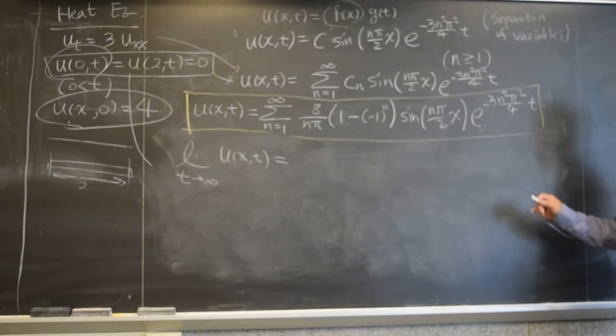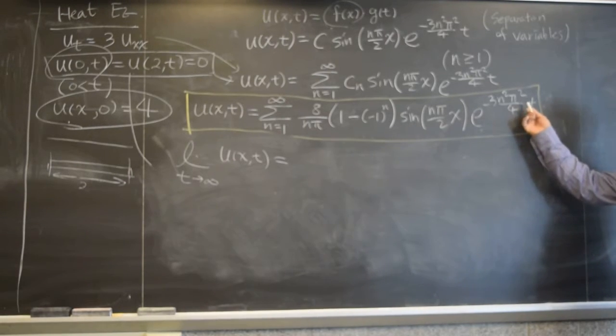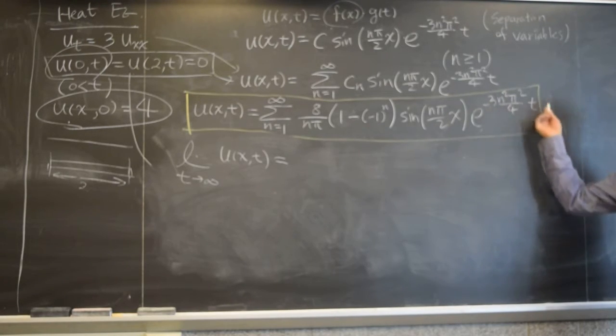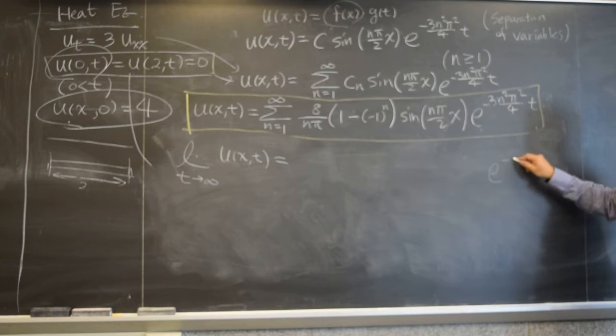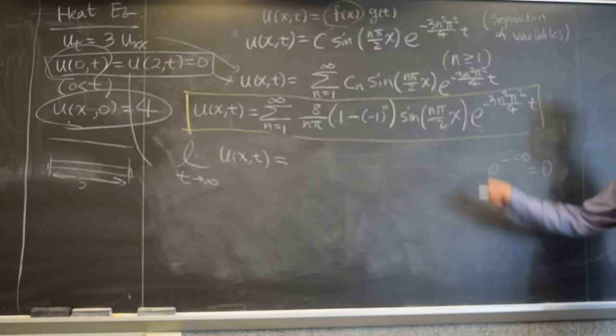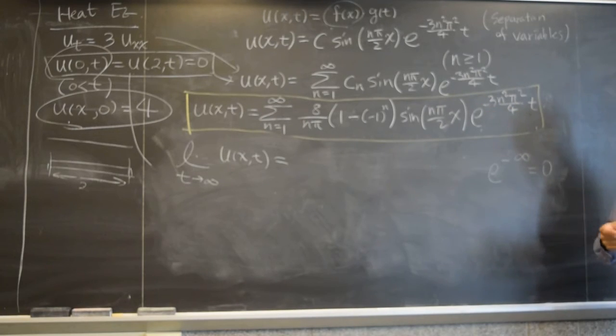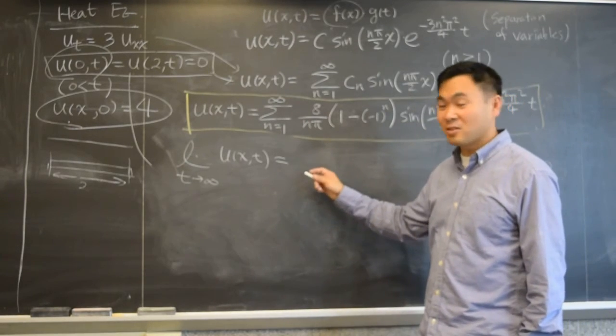Where is t? Right here. So what happens if this becomes big? What happens to this? E to the negative infinity, which is 0. So if this becomes 0 and you're adding up zeros, what would happen? This will be 0.